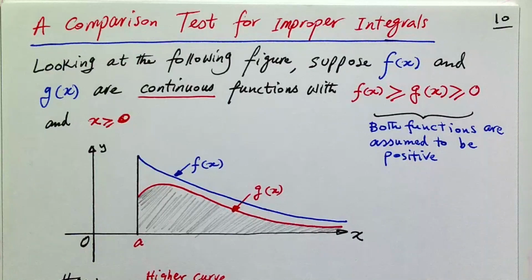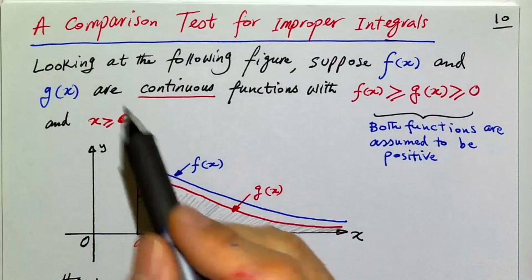Okay, let me repeat that again. This comparison test relies on us finding another curve or function to integrate that is much easier to integrate than the function we are given. And depending on what happens to that function, if it diverges or converges, then by this comparison test, we can make a statement about the improper integral that we have.